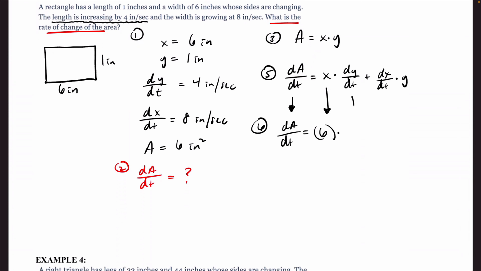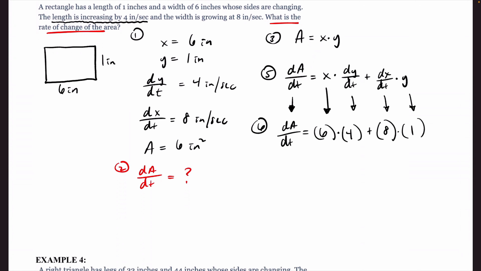Times, do I know what dy over dt is? Yes, positive 4. Do I know what dx over dt is? Yeah, 8. Do I know what y is? Positive 1.